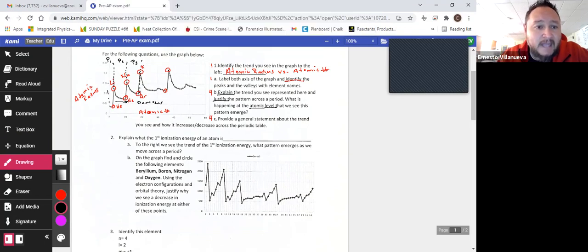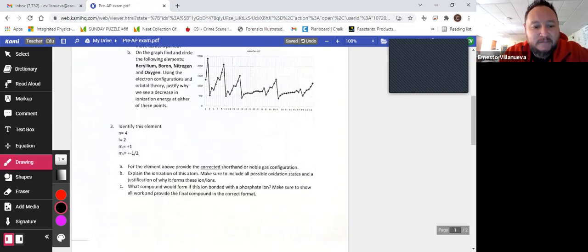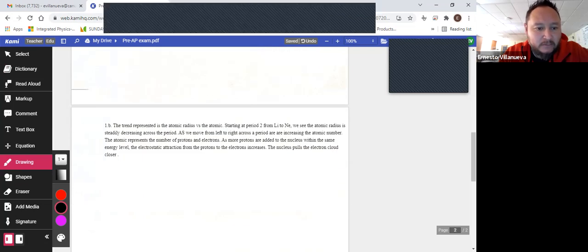And as you go down the periodic table from one period to the next, we see an increase in the radius, right?